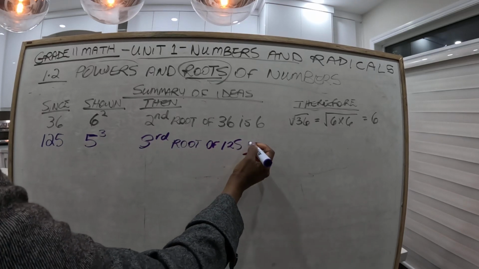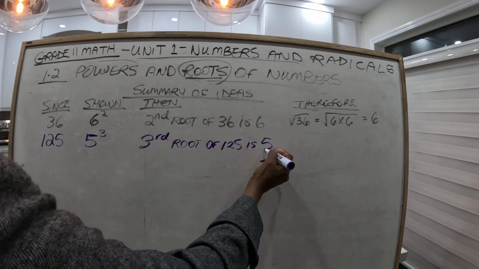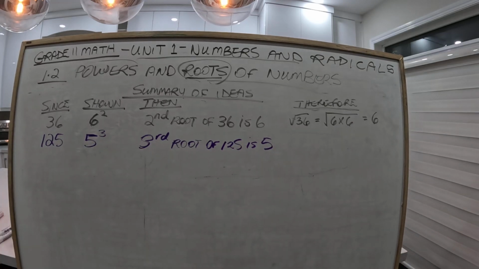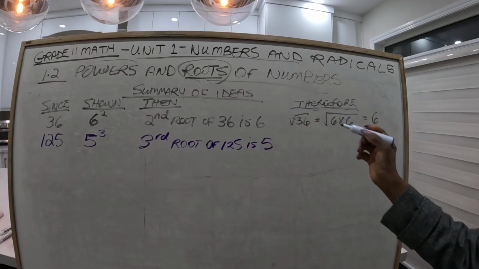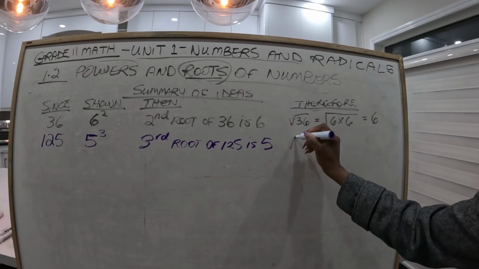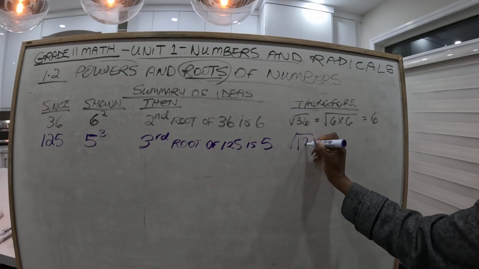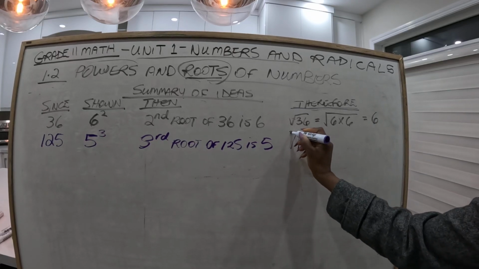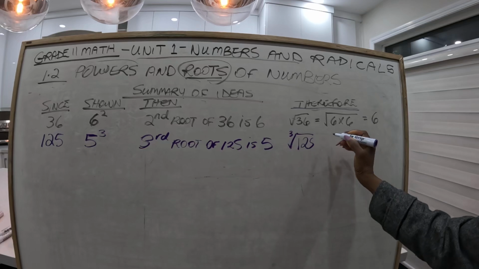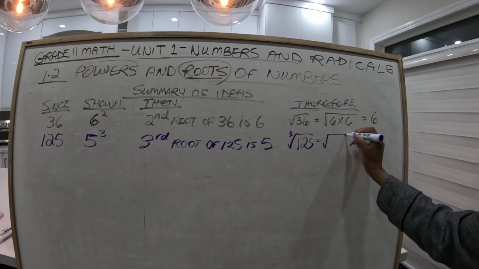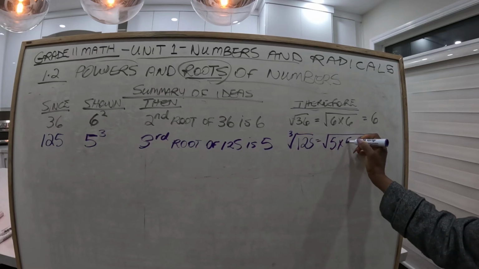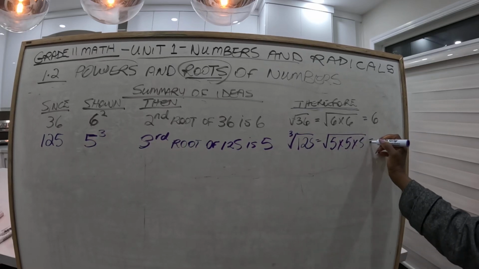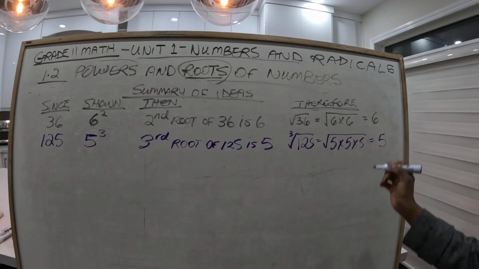Of 125 is 5. So therefore, the cube root, which is 3 here, is equal to, you guessed it right, the base. 5 times 5 times 5, which is equal to 5. Okay?